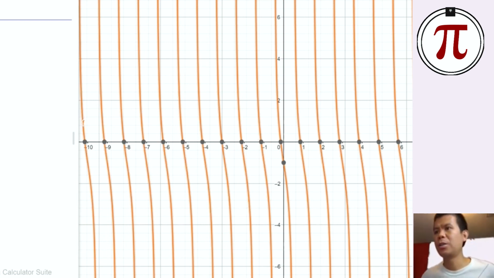Okay, it is something like this. Now you can just see how it looks. For this one, we're going to determine the period. The period is pi over pi, that's 1. I believe that's 1.